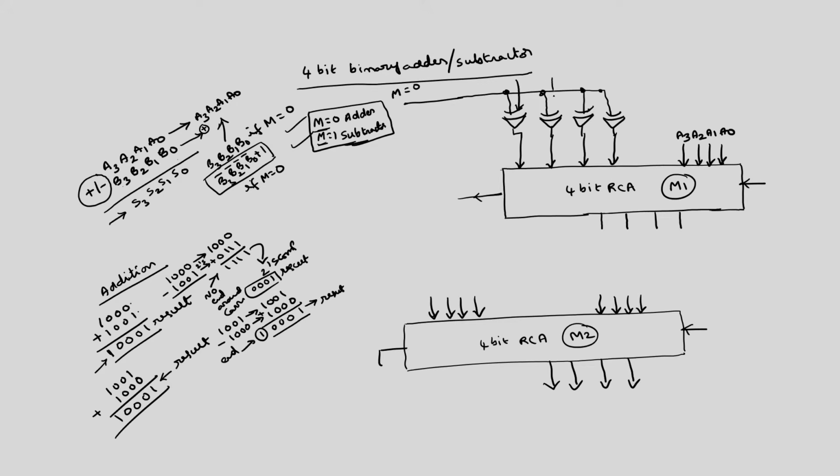This I am going to apply here, this B3, B2, B1, B0. So, if M is equal to 0, the same B3, B2, B1, B0 will be available here. If M is equal to 1, B3 bar, B2 bar, B1 bar, B0 bar will be available, that is 1's complement, but we want the 2's complement.